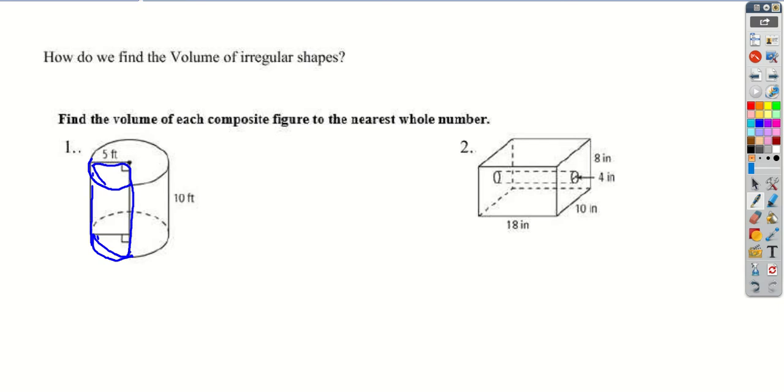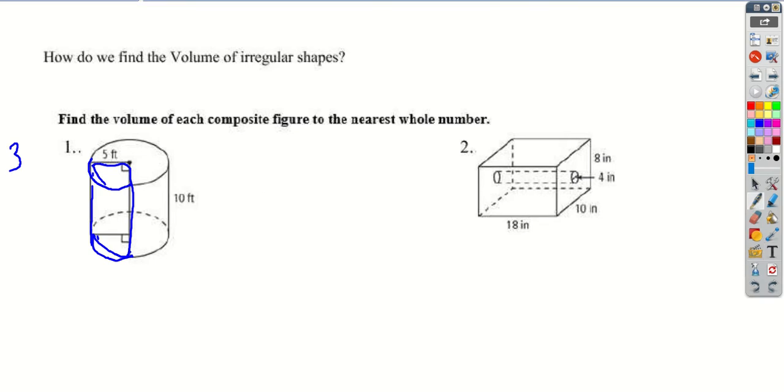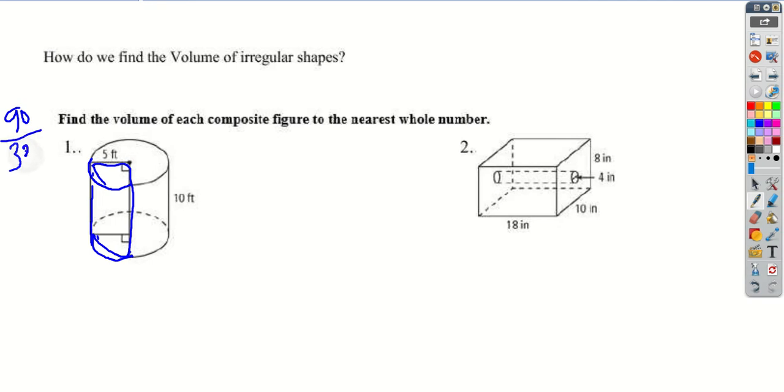And if you think about it, it's 360 degrees, right? And we're taking away 90 of it. So 90 out of 360 is essentially 1/4.